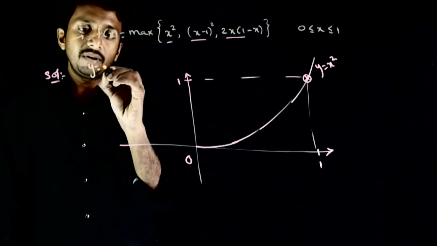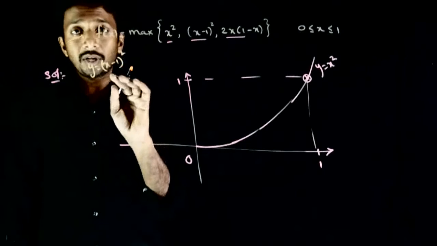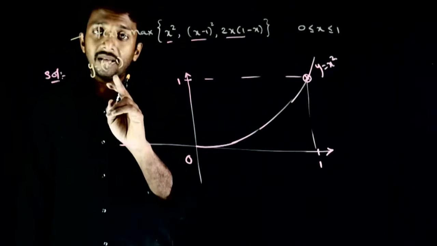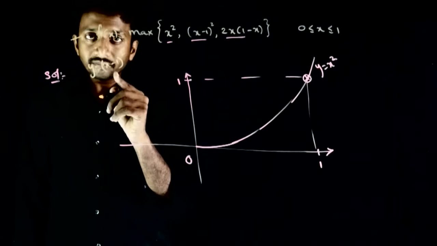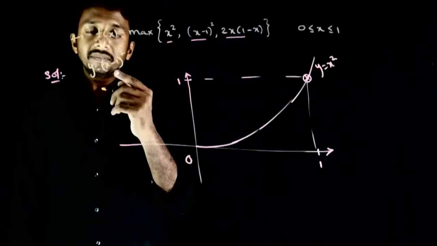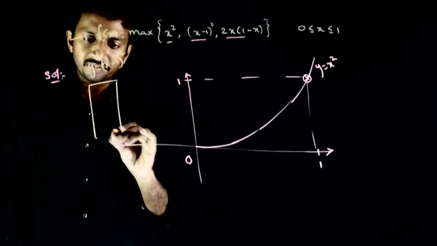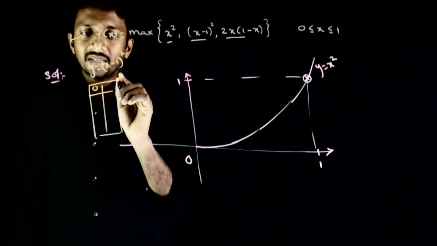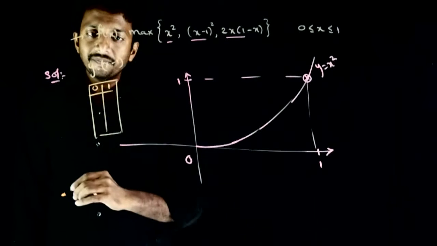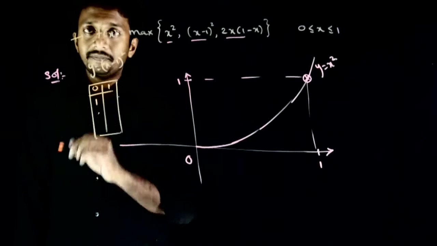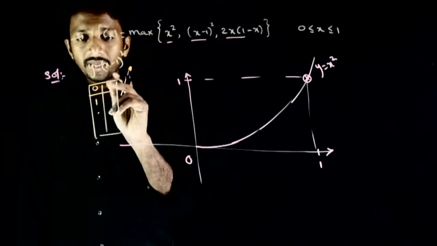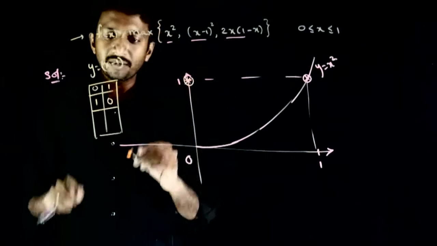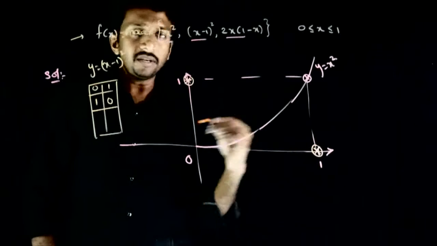So if you take y is equal to (x−1)², this is also a quadratic function. इसका भी ग्राफ पैराबोला आना चाहिए. बट आप देख सकते हैं इसका when you draw the table correspond to this function, x equal to 0 पुट किया तो y कितना आ रहा है? x equal to 0 के लिए y 1 आ रहा है. x equal to 1 के लिए y 0 आ रहे हैं. That means the graph is passing through this point (0, 1) and (1, 0).